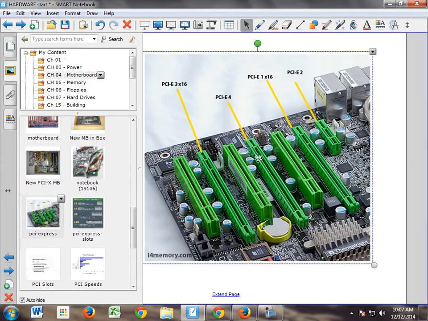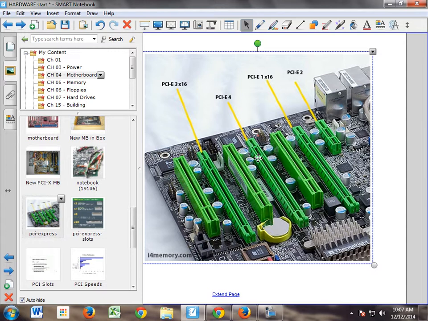Close enough. It's going to look like this and it's going to have an A, B, and C, and you must be able to identify that this is a PCI, this is a PCIe 16, and this is a PCIe 1. Could this be a PCIe 8? No.